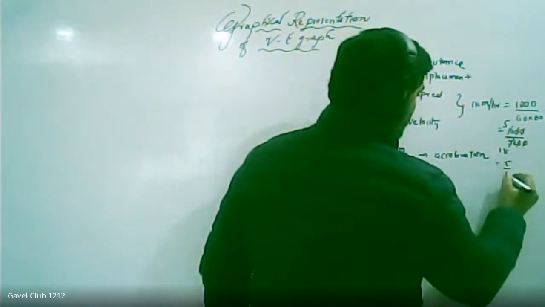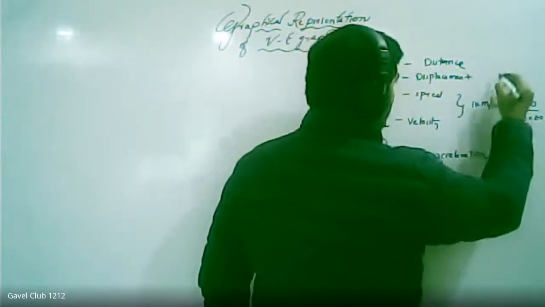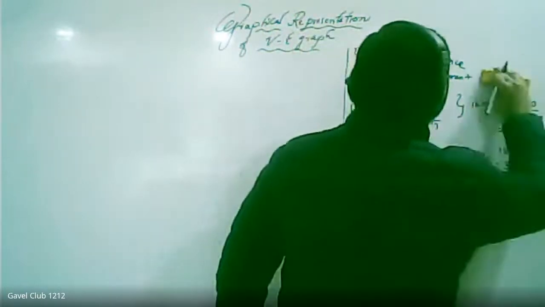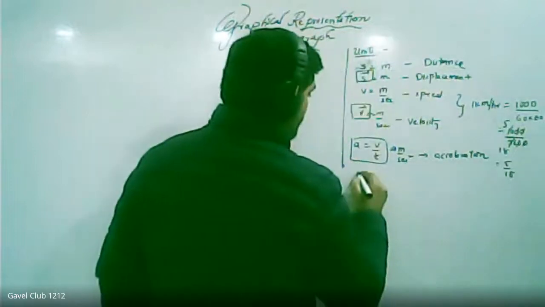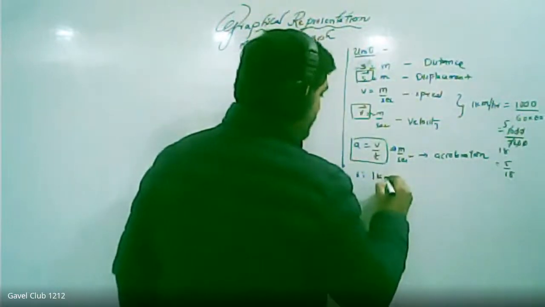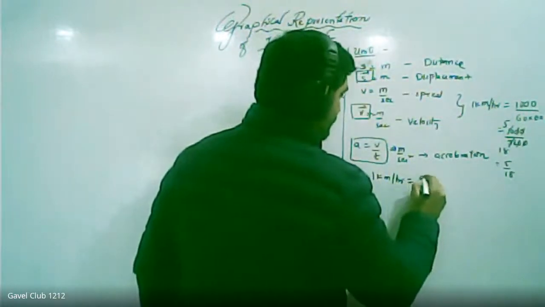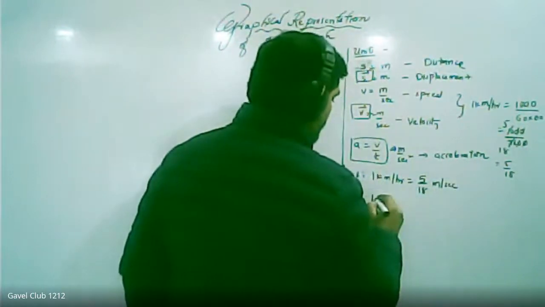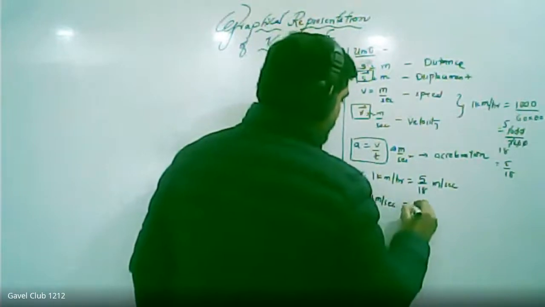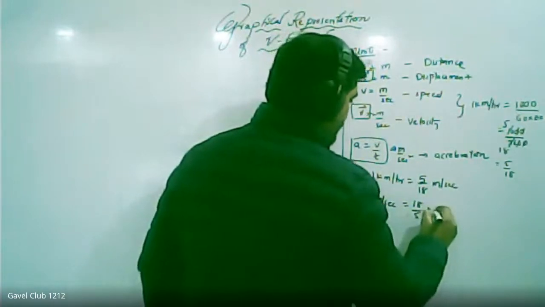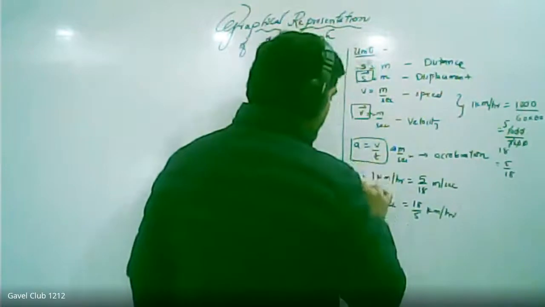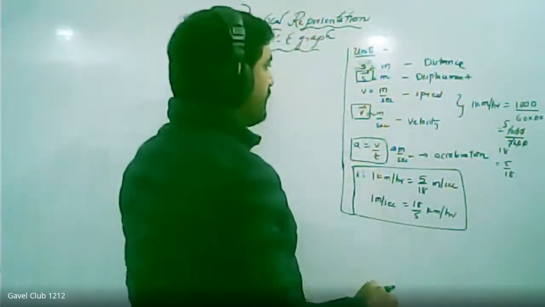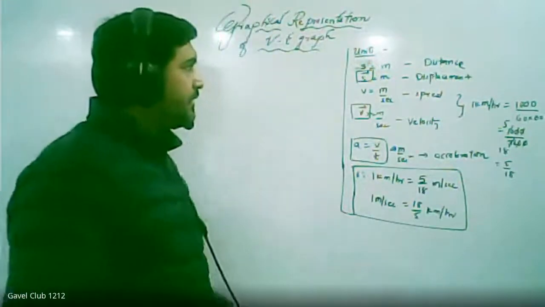So 5 by 18 we get. Can you see this? Otherwise I'll put it here. Just remember, 1 kilometer per hour can be taken as 5 by 18 meter per second. Similarly, 1 meter per second equals 18 by 5 kilometer per hour. That's the reciprocal value we take. So these are the conversion values. You can just remember this also.